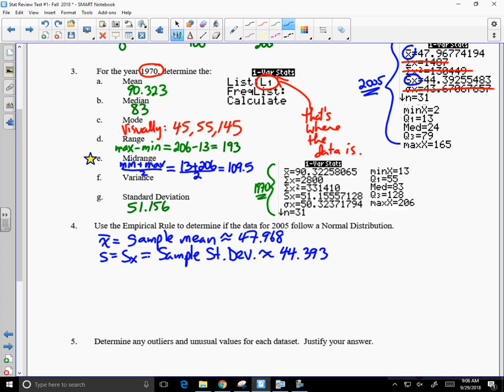Variance. Maybe that's something you're worried that you might forget. That is the standard deviation squared. Using calculator jargon, that's Sx squared. We want the most exact form.